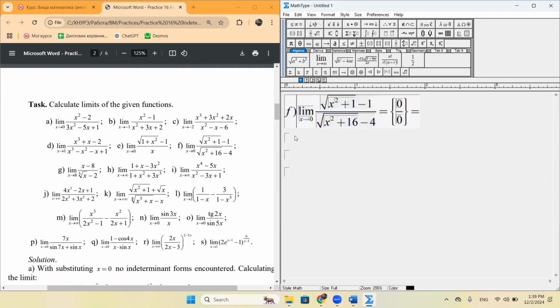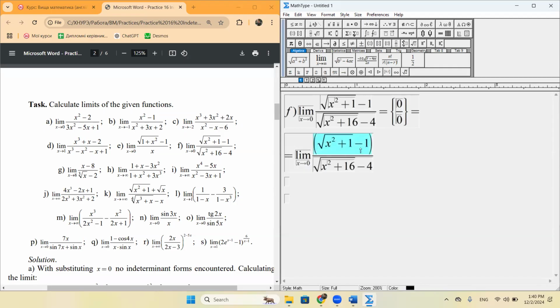So doing again the same that we did in the previous exercise, but here we also need to multiply by the conjugate expression for both the numerator and the denominator. And let's do it.